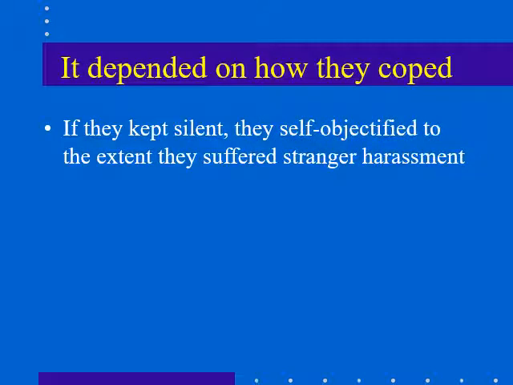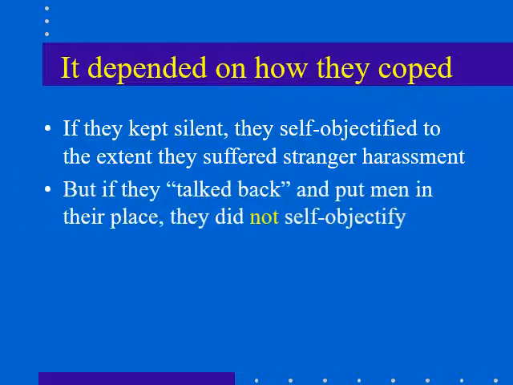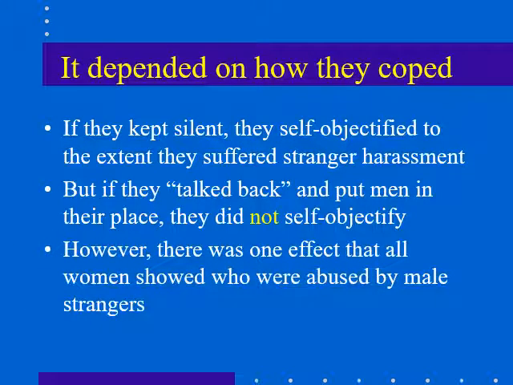If they kept silent, then to the extent that they suffered stranger harassment, they also scored high on self-objectification. So stranger harassment can indeed cause women to self-objectify. But if they talked back and put the guys in their place, then they did not self-objectify.